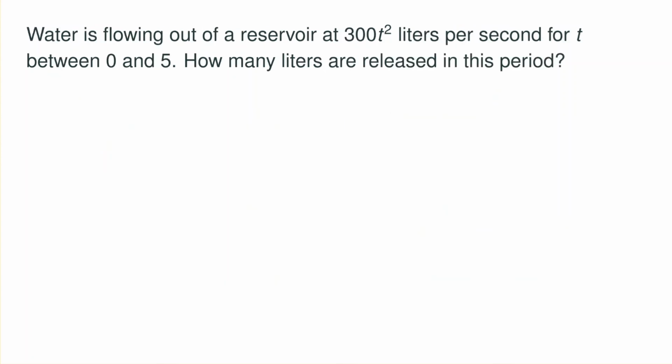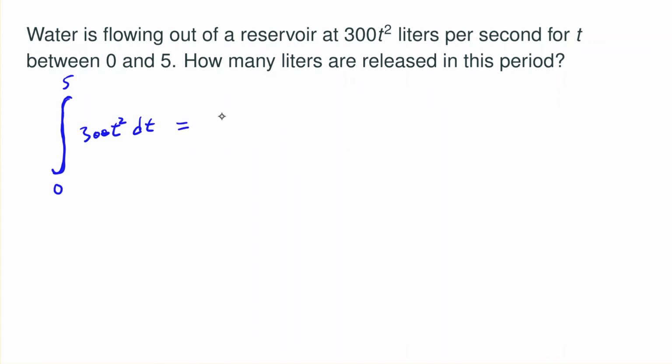Water is flowing out of a reservoir at 300 t squared liters per second for t between 0 and 5. How many liters are released in this period? So finding the definite integral can give us the net change. So we want to find the net change between 0 and 5 seconds of the water flowing out at this rate, 300 t squared, with respect to time.